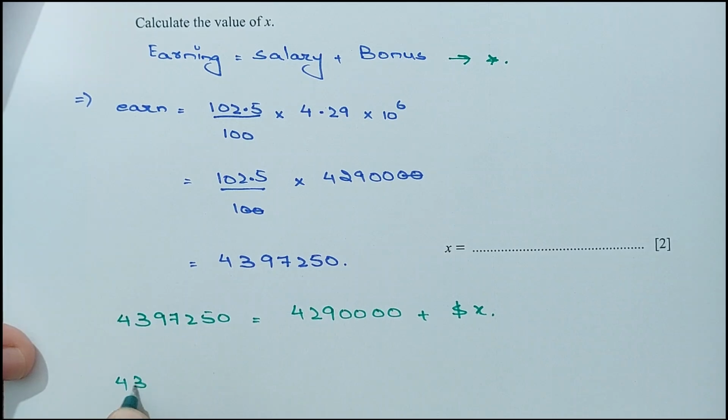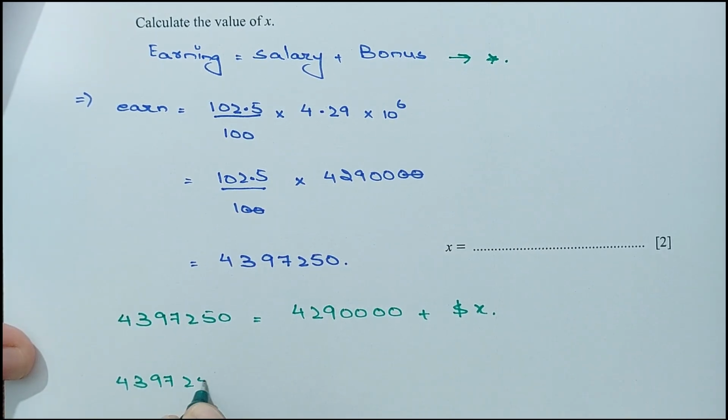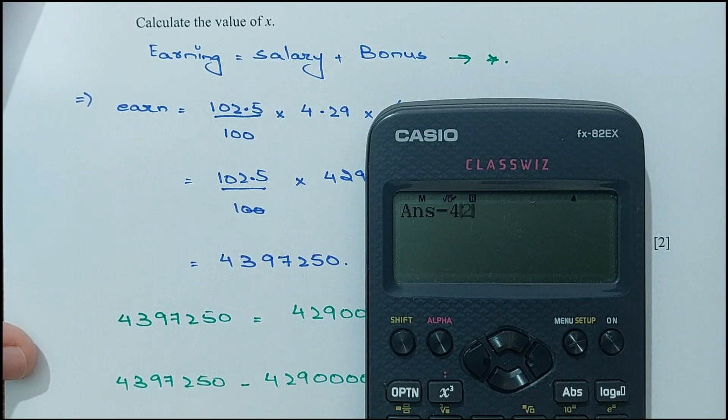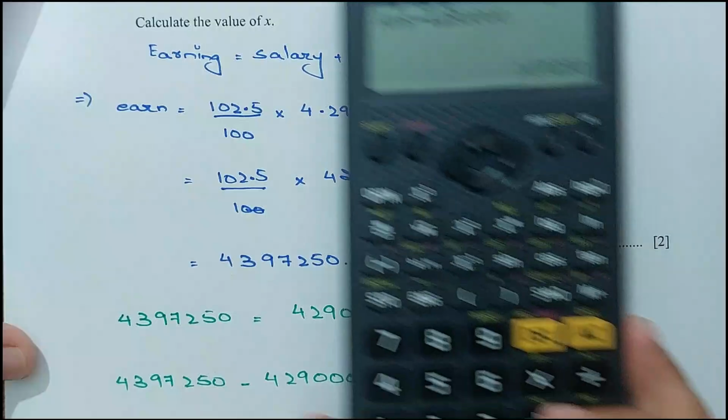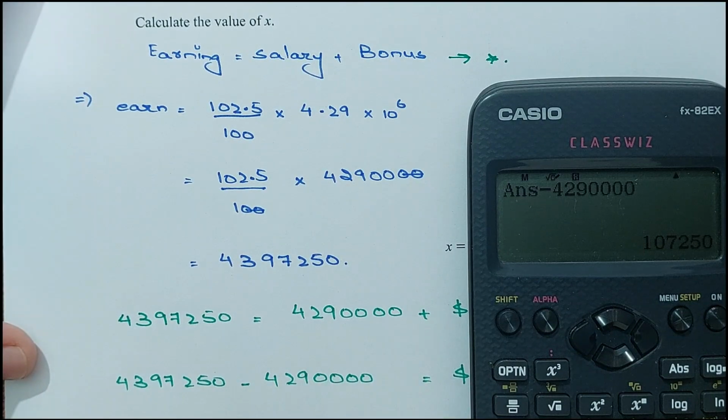So 4397250 subtract 4290000, that is the bonus. That is 107,250 dollars. This is the bonus.